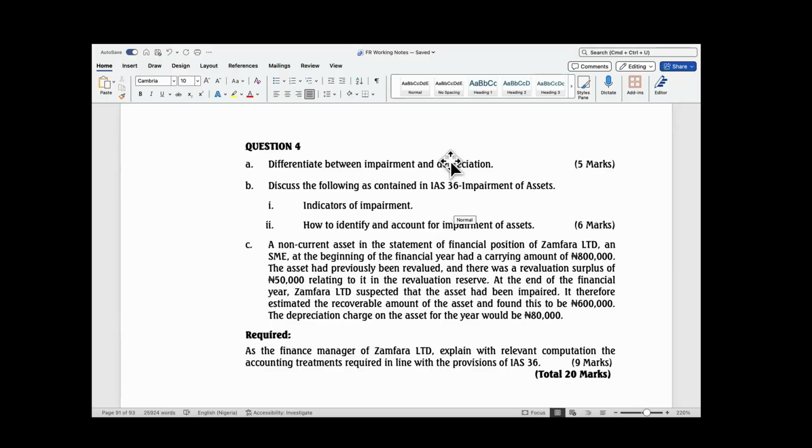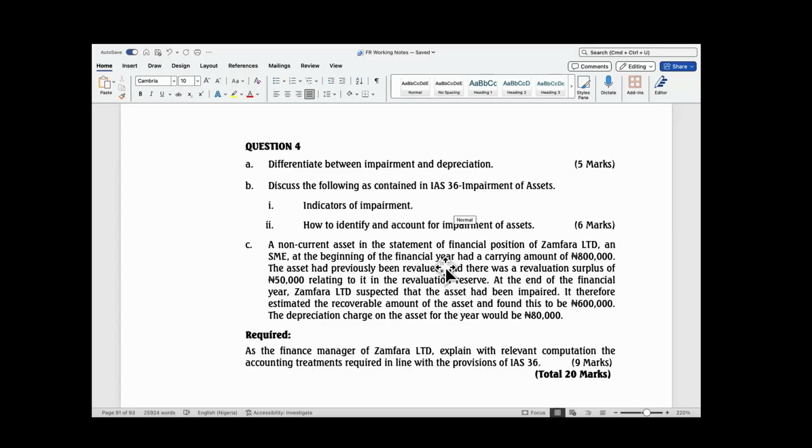It is right for depreciation. But for impairment loss, I would really want you to explain it the way we have explained it here, which is the amount by which the carrying amount of an asset exceeds or is higher than the recoverable amount of that asset.